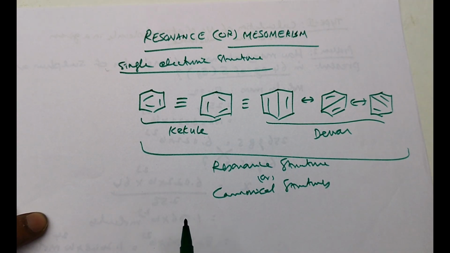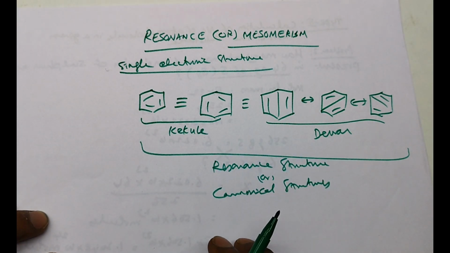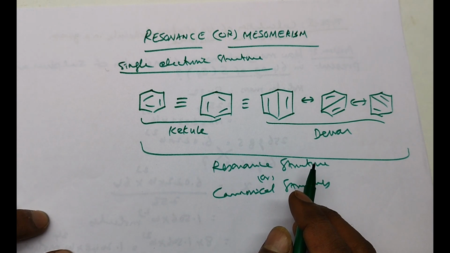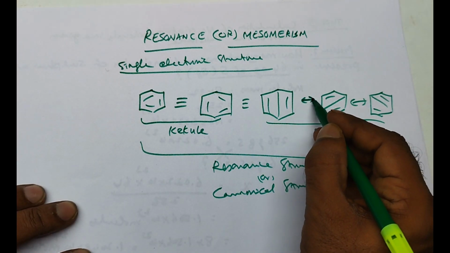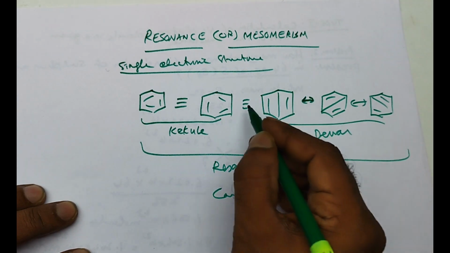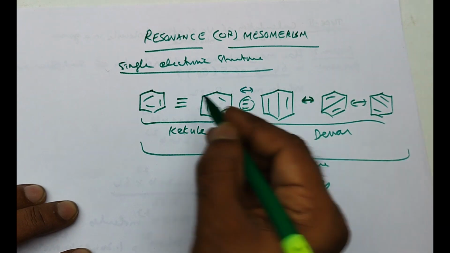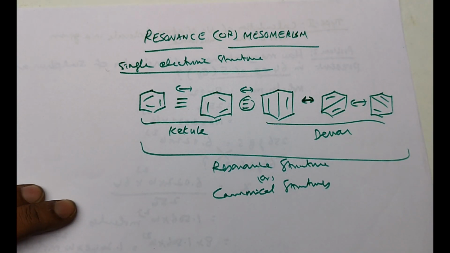The actual structure of the molecule is not represented by any of the resonance structures, but it is a resonance hybrid of all these Lewis structures. The various resonance structures are separated by a double-headed arrow, which indicates that these two are resonance structures. Similarly, instead of writing the similar structures, you can put a double-headed arrow. In this case also, these are all called canonical structures or resonance structures.